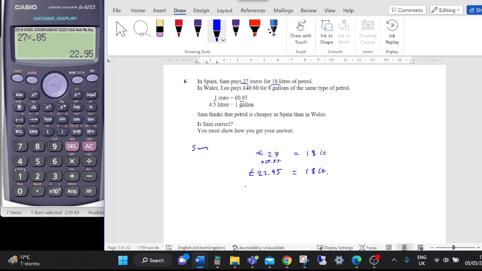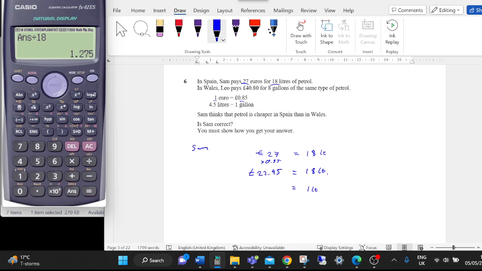And I'll do one more step with this. So I'm going to find out how much petrol he will get for 1 litre. So I'm going to say for £1, instead of doing the price for a litre, doesn't really matter. I'll do the price for 1 litre. So 1 litre of petrol for Sam or Spain will cost me that value divided by 18.